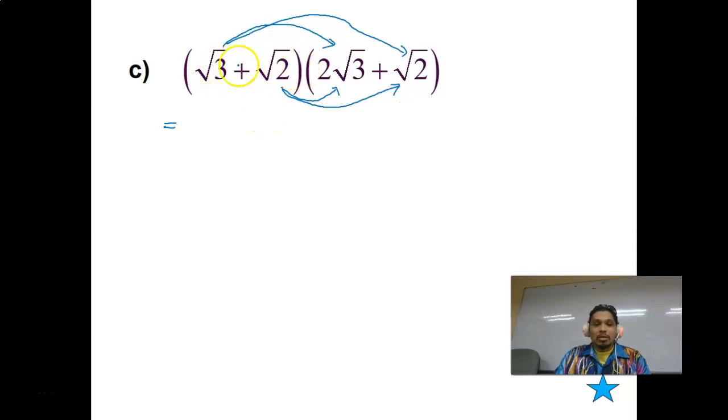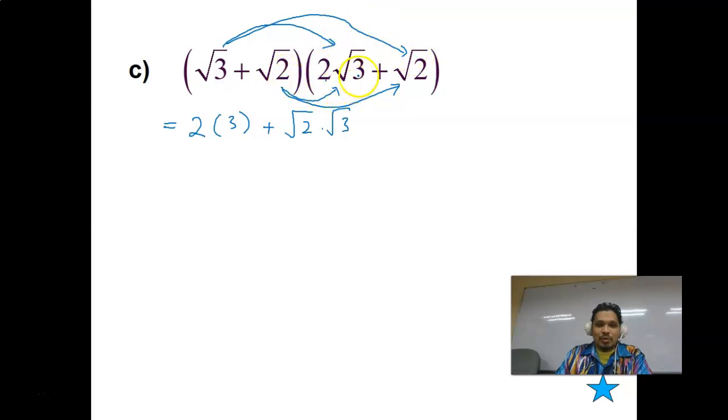So square root of 3 times 2 square root of 3: 2 with 1 is 2, square root of 3 times square root of 3 is 3. Square root of 3 times square root of 2, plus square root of 2 times square root of 3. So square root of 3 is completely multiplied with every single term in the other bracket. Now it's for square root of 2.